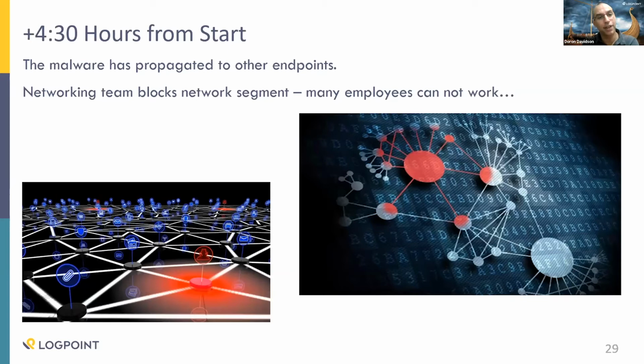Because during this period of time, propagation had already started to other endpoints, and we now need to also block the whole network segment, in this case, probably marketing. And marketing are extremely important to the organization. They are the ones that set up this webinar, so we couldn't have done it without them.